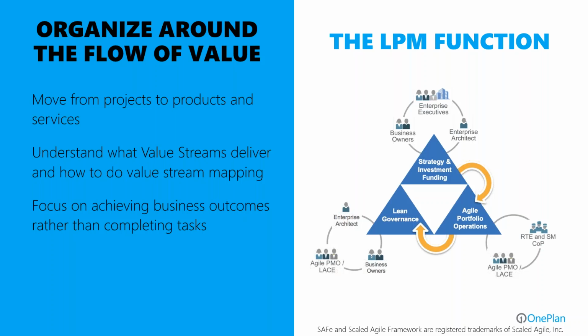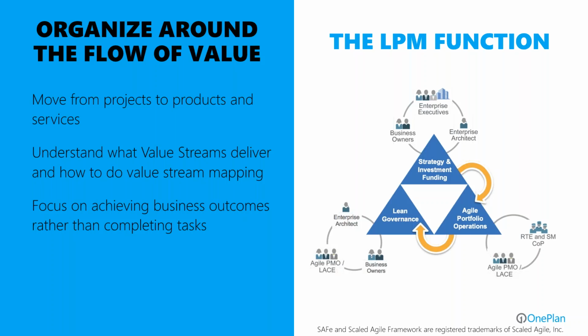Part of that shift is this idea of value streams, and we are focused on business outcomes rather than tasks. And the magic triangle of the LPM function, and by the function I mean all the different people around the enterprise who have some kind of role to play, those three segments are strategy and investment funding. That's how we set objectives and key results and strategies for the organization and decide who gets how much money.